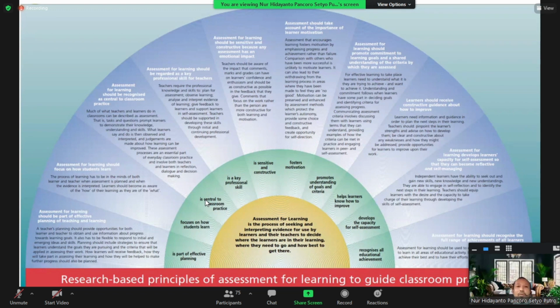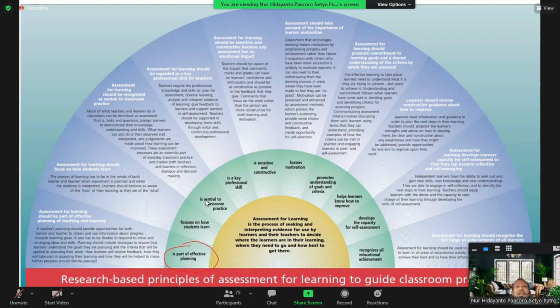Okay, so we are going to have a look at these 10 points. So the first point is that we have to make sure that AFL, or assessment for learning, should be part of an effective planning of teaching and learning. So our assessment for learning itself is a part of our teaching process. It cannot be separated from the teaching process.